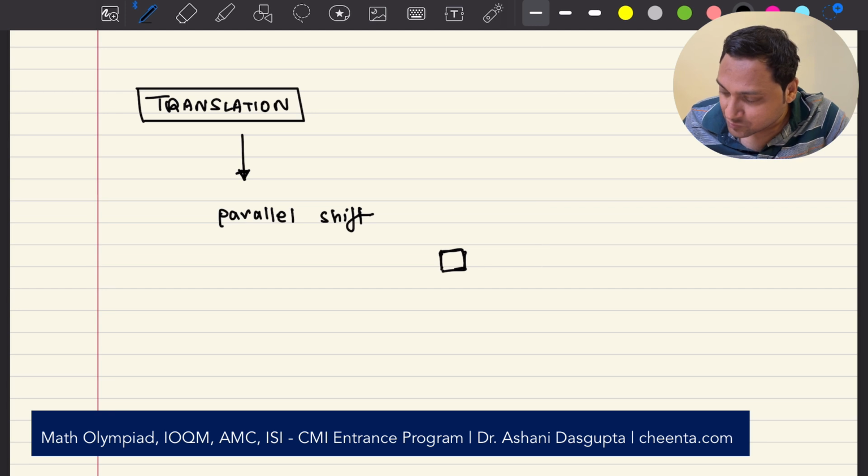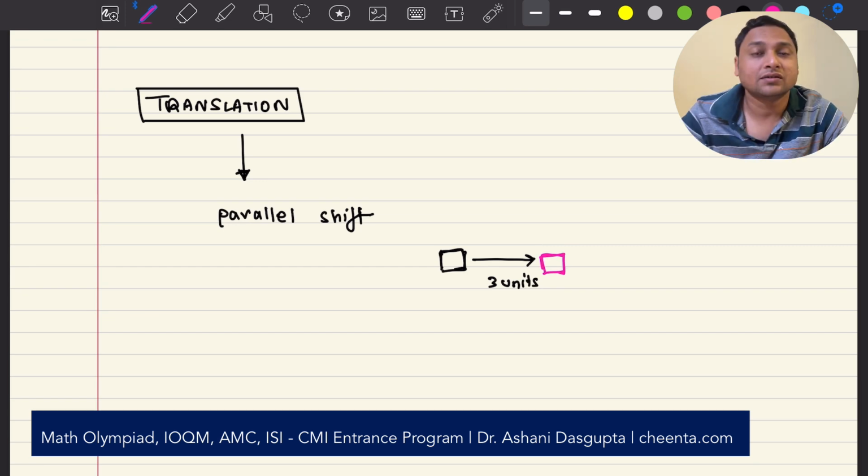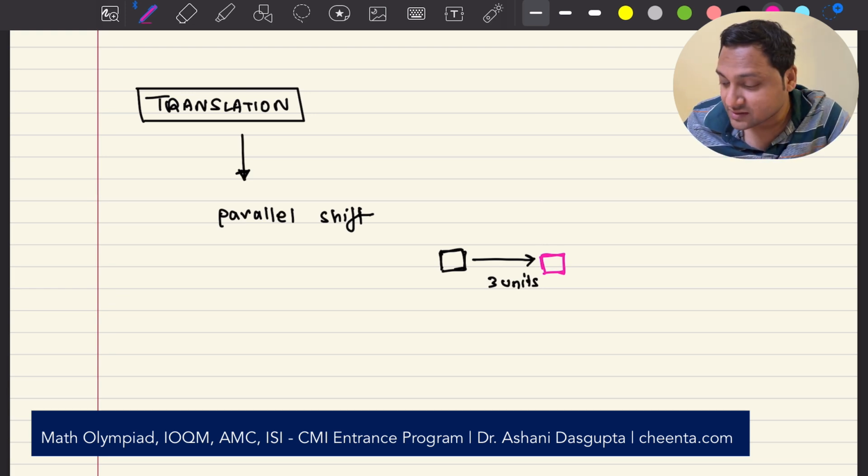So maybe you move it horizontally by 3 units to the right. Then the new position of this box or the square is here, and we say that the square experienced a translation or parallel shift.